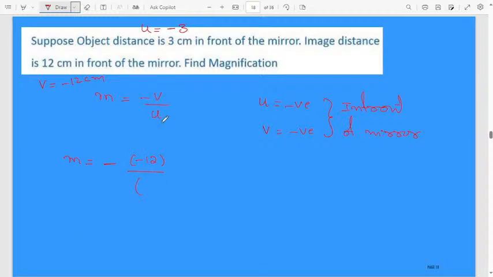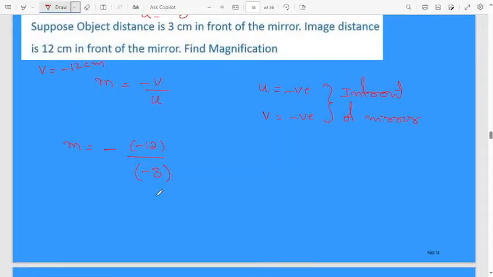Then u value is minus 3 because this also is in front of the mirror. Then minus into minus becomes plus. Plus divided by minus is minus. Then 3 ones are 3, 3 fours are 12, then m will be minus 4.